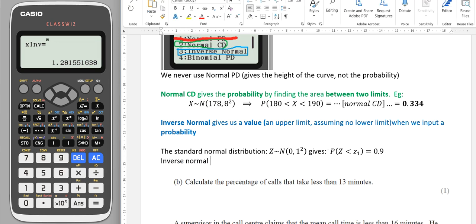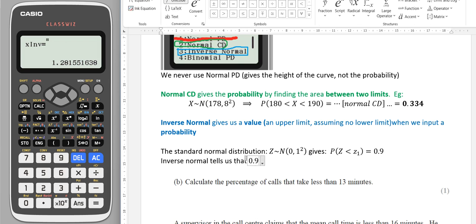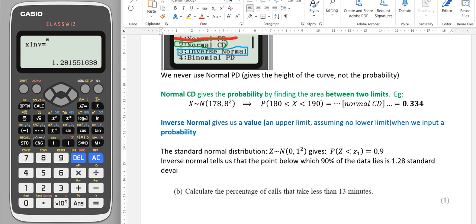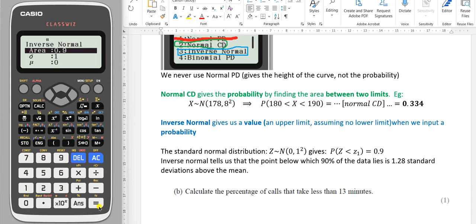So inverse normal tells us that the point below which 90% of the data lies is 1.28 something standard deviations above the mean. And crucially, this is true regardless of what the situation was.